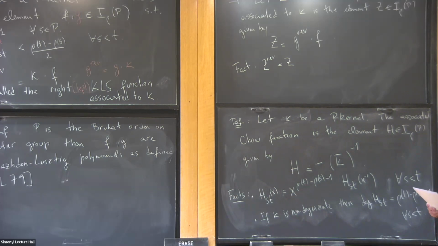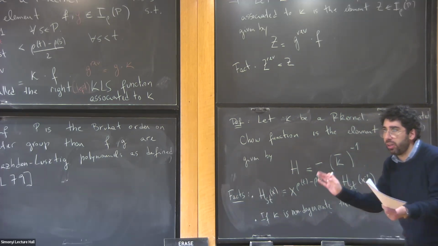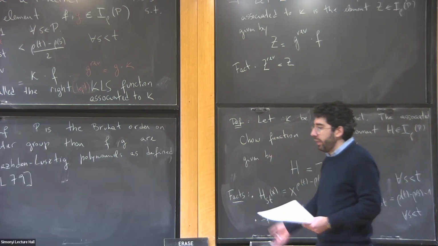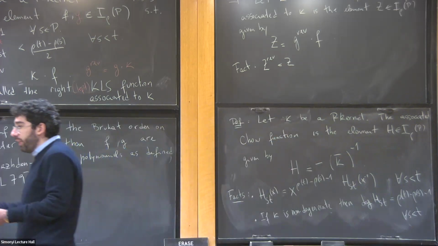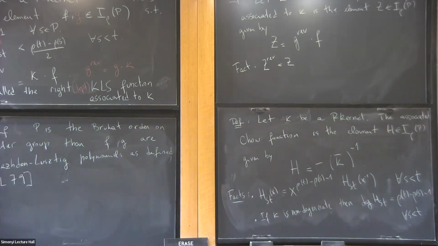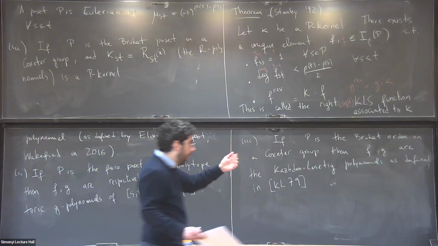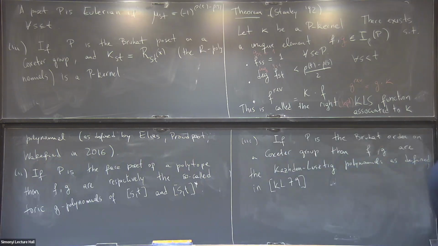In fact, there are examples in which you can give a poset, a kernel, and H is just something crazy. The same as the Kazhdan Lusztig polynomial. If you give me some complicated graded poset, I can expect some Kazhdan Lusztig polynomial f or g attaining a negative coefficient. So the same happens with H a priori.